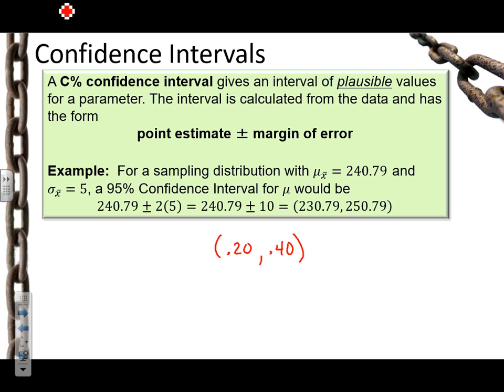So the true proportion should be somewhere between 20% and 40%. Now, if they're looking at the interval and nothing else, and they say, what was the point estimate, how would I calculate that? How would I figure out where the value was they started at?